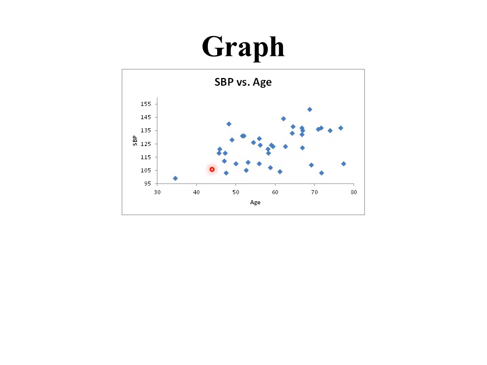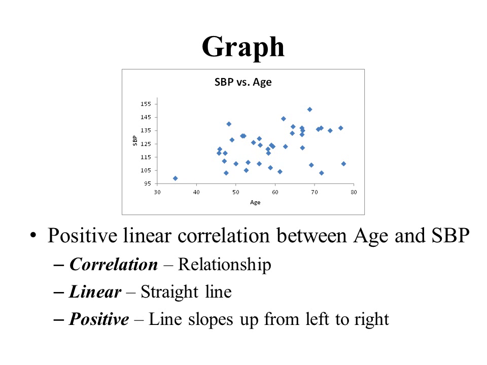We're going to have to use our imagination a little bit to see that straight line, but we can draw a straight line that captures the general trend of that data. And so because of that, we say that there is a positive linear correlation between age and systolic blood pressure. Correlation is just a fancy name for relationship. Linear means that a relationship can be described by a straight line.